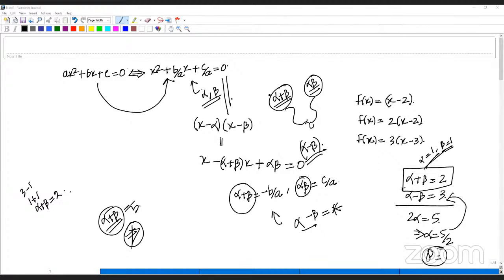So distinct real roots means you need the condition that D is strictly greater than 0. Okay, this means distinct real roots. Got it. D equal to 0 means they have the same root.